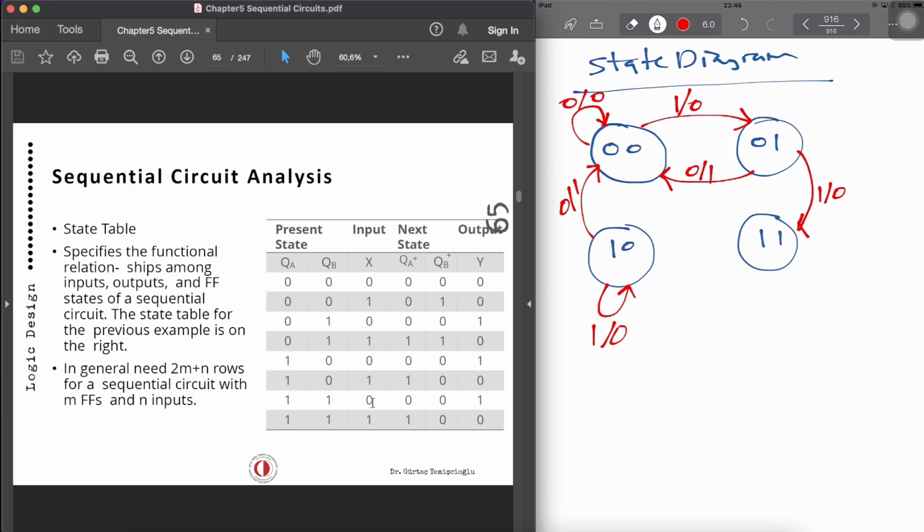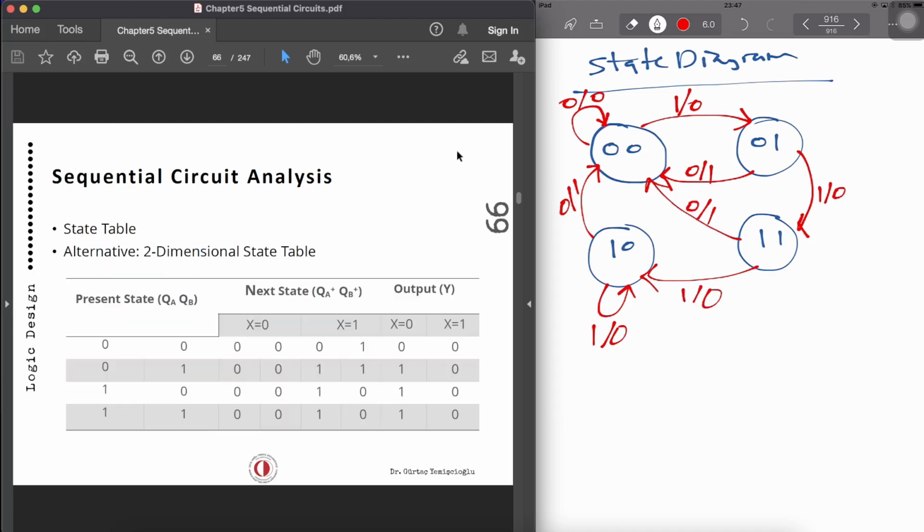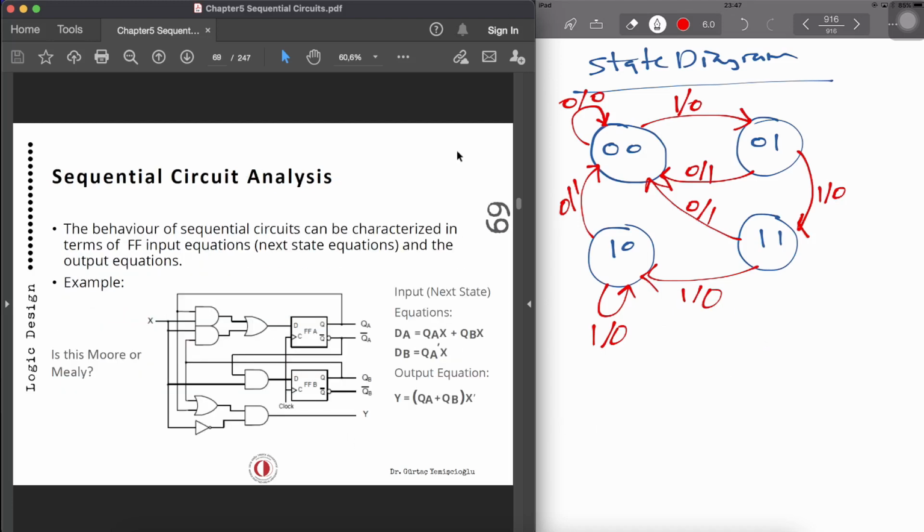And 1 1, input is 0, it goes back to 0 0, and the output is 1. And 1 1, input is 1, it goes to 1 0, and the output is 0. So that's the state diagram of this circuitry, and we have completed the analysis.